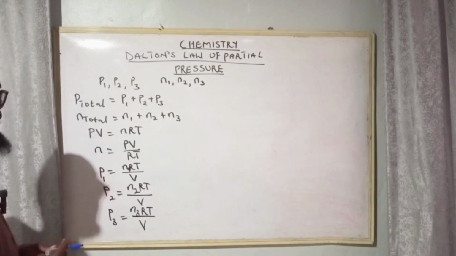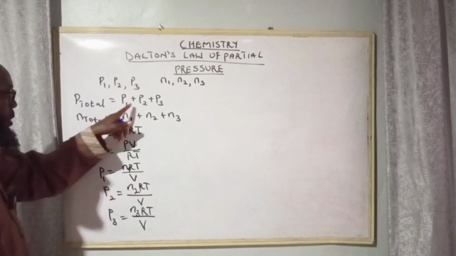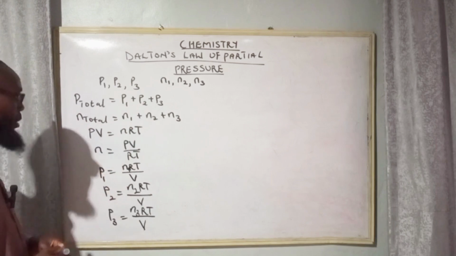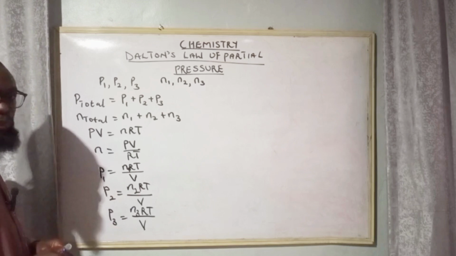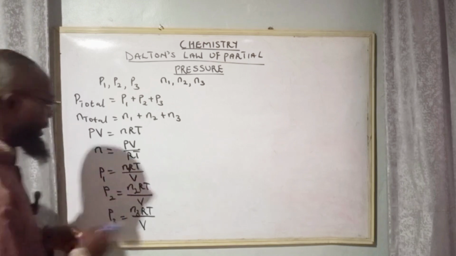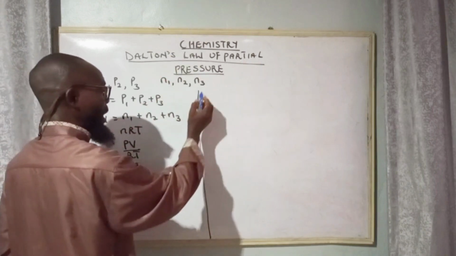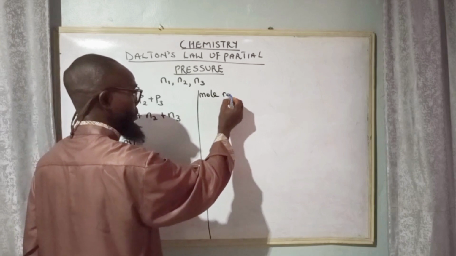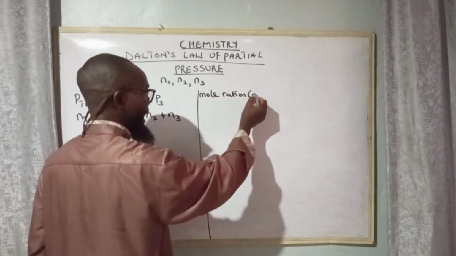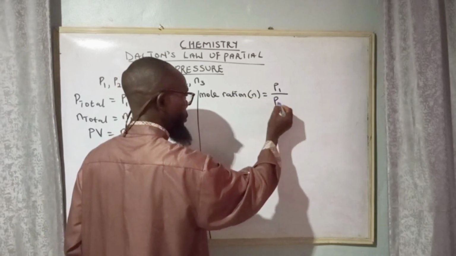Now, from here, you can come to this: P total equals P1 plus P2 plus P3. Anywhere we find P1, P2, P3, we can insert all these values. But before we proceed, we should also know our mole ratio, which will be equal to P1 over P total.